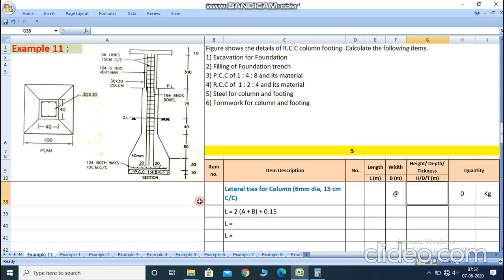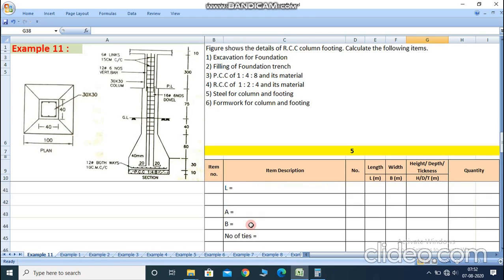For finding the value A, 30 centimeter by 30 centimeter is the dimension of the column.